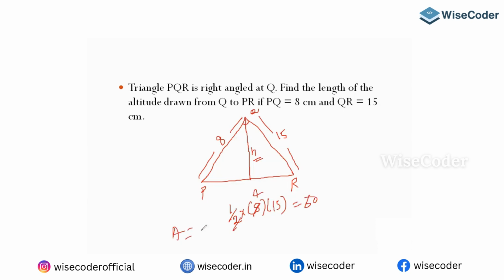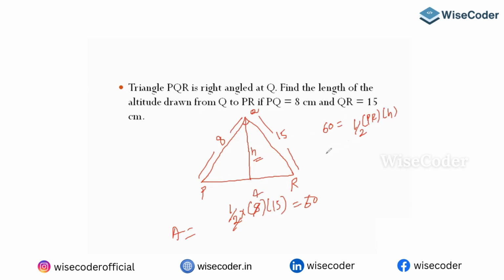Then the area of the triangle will become 60. Now I want H. When I want H, I know the area already: 60 is equal to half into PR into H.